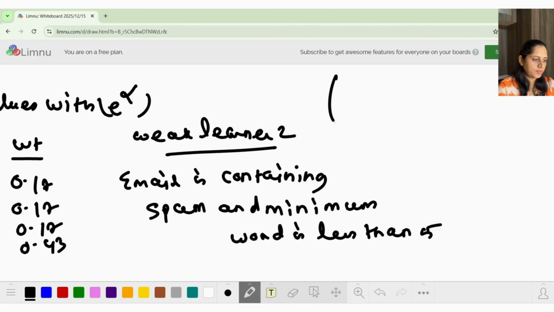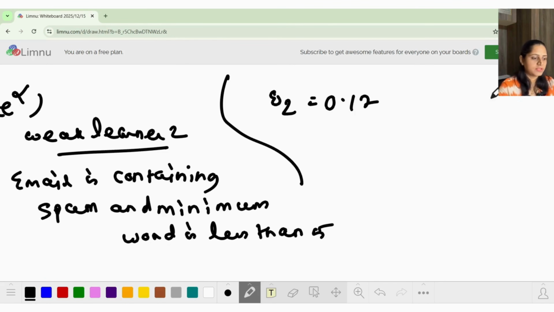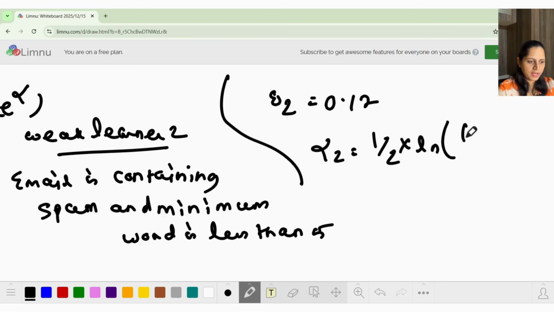In that case, suppose my new error is error 2, which is 0.17, because that's the weighted sum of all my existing errors for all the data points. Now we will again find alpha 2. Alpha 2 is again half into ln of (1 minus 0.17) divided by 0.17, and approximately I'm going to get 0.8.